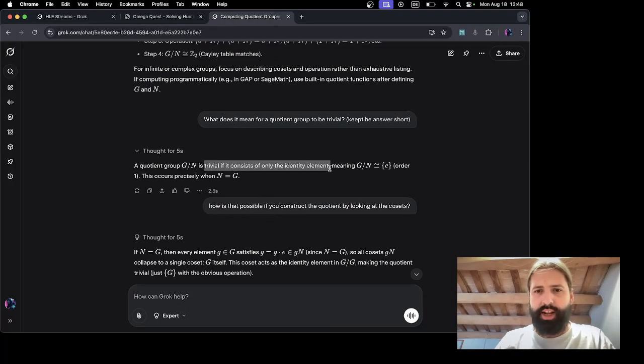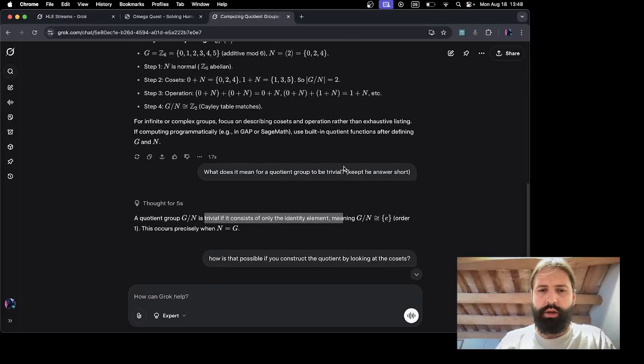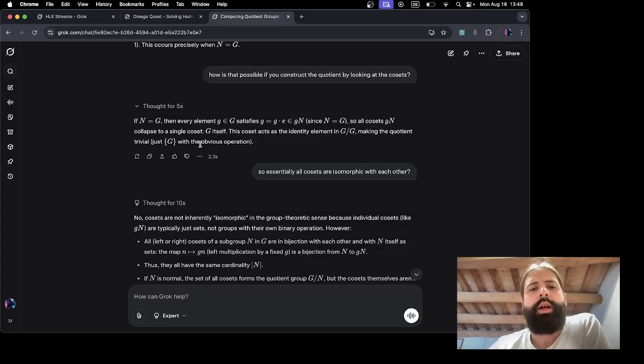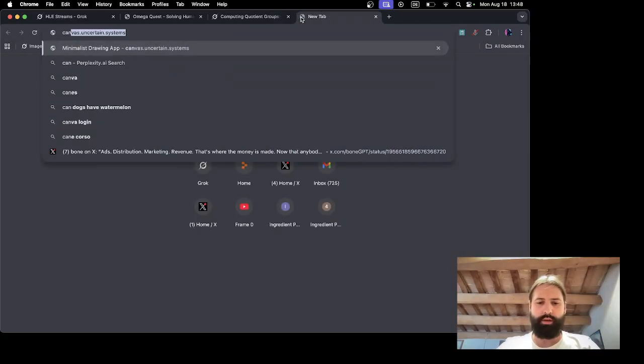This is what I don't understand about the identity element. So if N equals G, then you're saying... you know what I mean? The struggle I'm having is that if you have a set of, let's say, 3 elements, and then you have another set with the same 3 elements, and you do the quotient of the same thing, you end up having these 3 points in here.